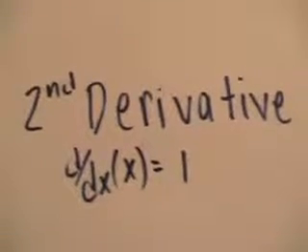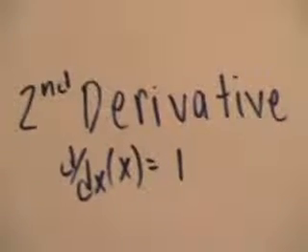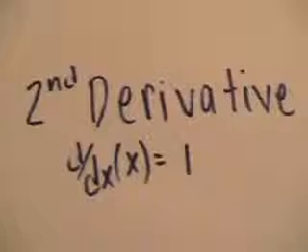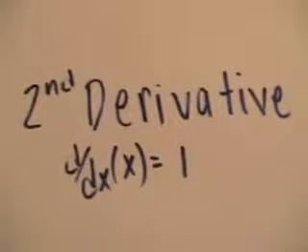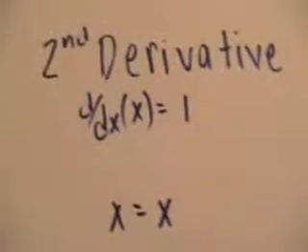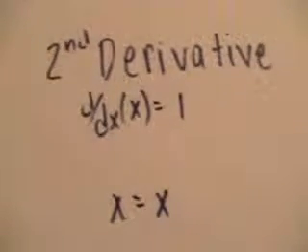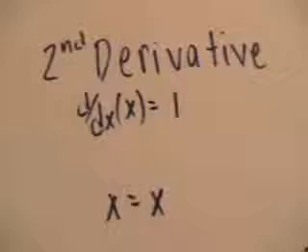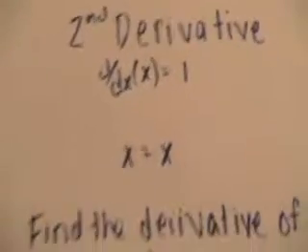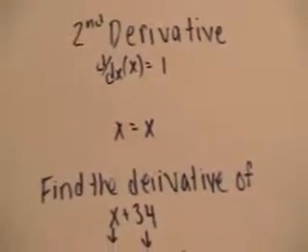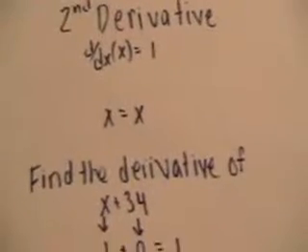The second derivative is d over dx of x equals 1. Now in this derivative, x is equal to x. This may seem a little bit confusing, but in the next example, you'll understand. Find the derivative of x plus 34.